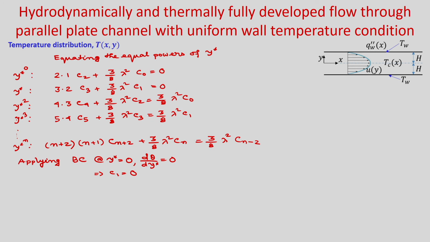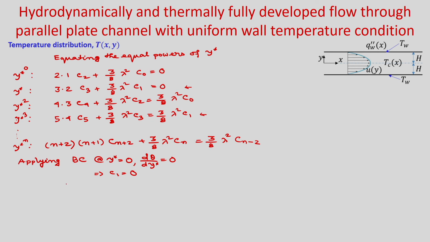Now, you see here, if C 1 is 0, then from this equation, C 3 will become 0. Okay. Then if C 1 and C 3 are 0, from here you can see C 5 will be 0. So, you can see all the odd coefficients C will be 0.